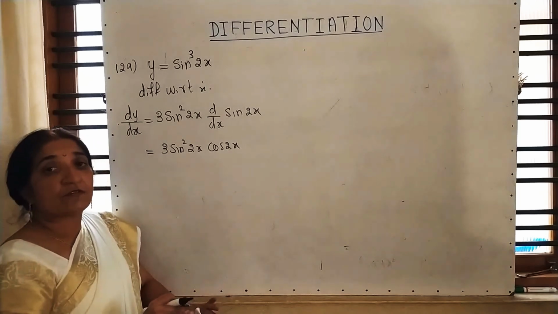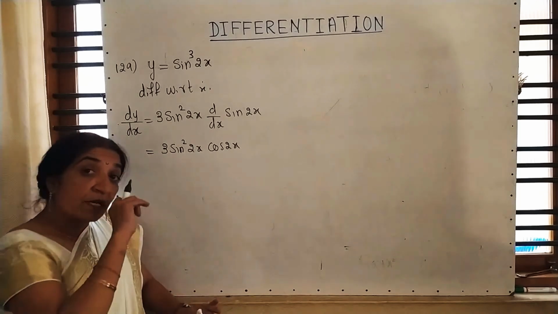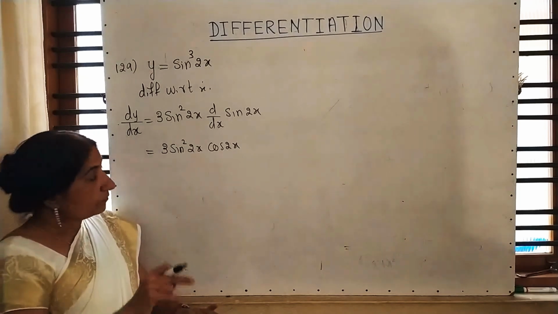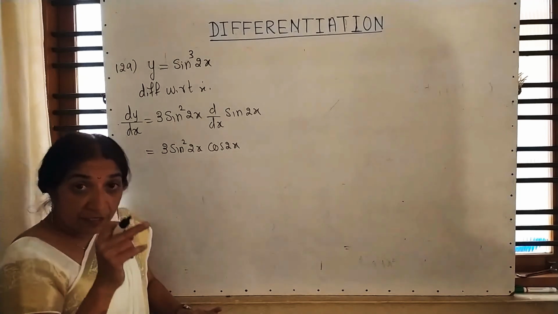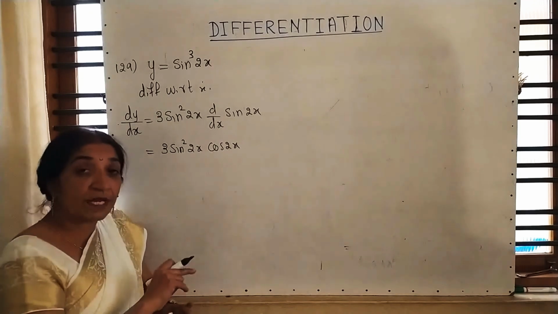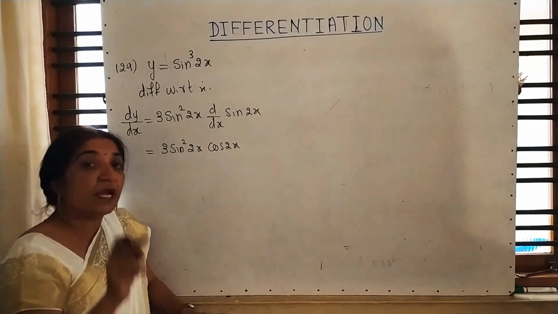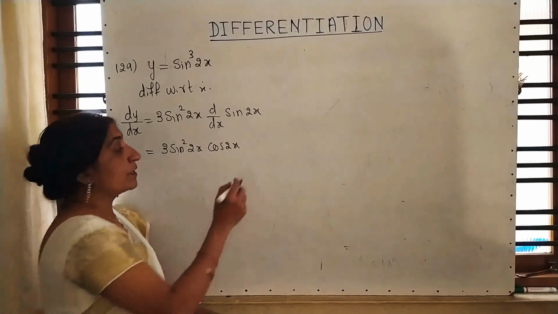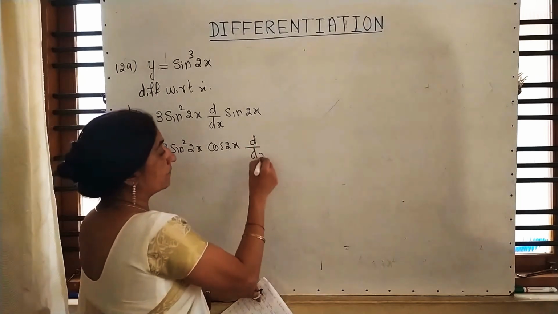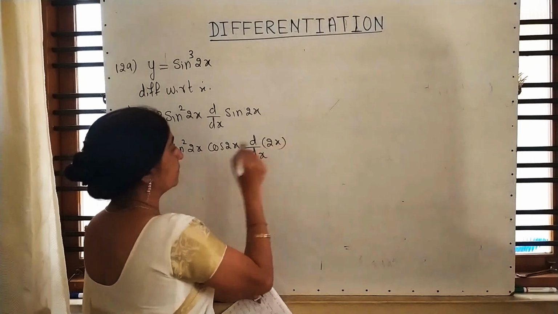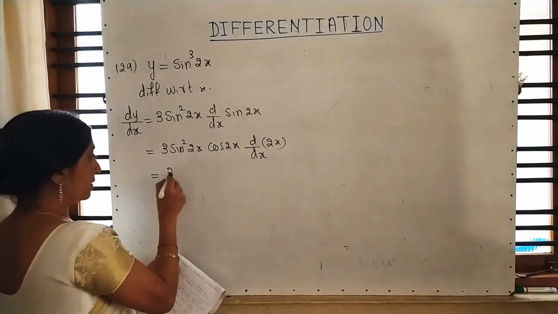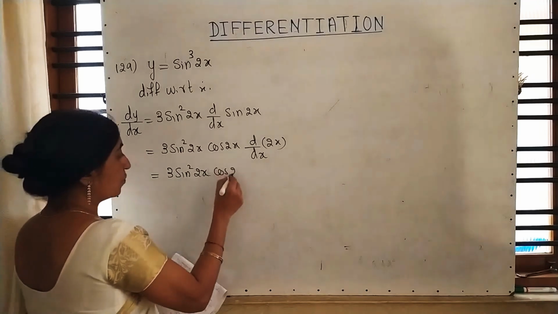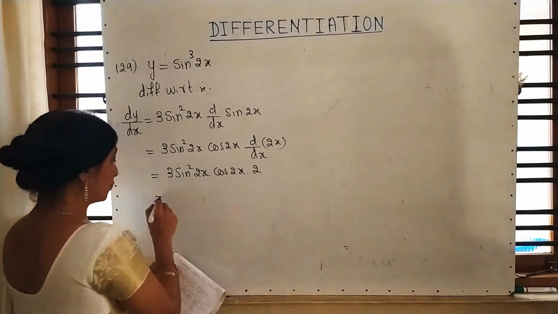If the base is a trigonometric term and its angle is other than x, please differentiate that angle. So it is 3 sin square 2x into cos 2x into 2.